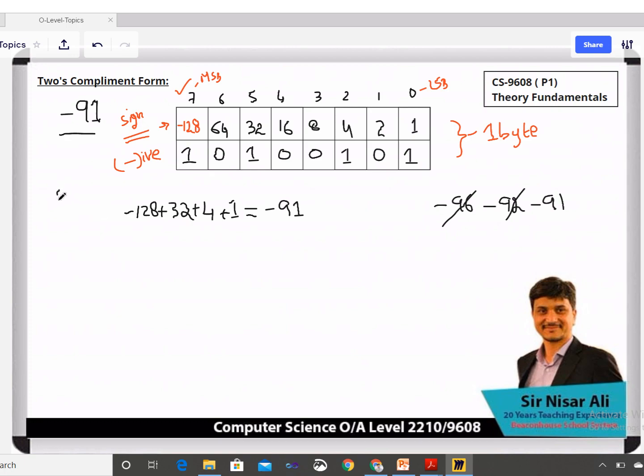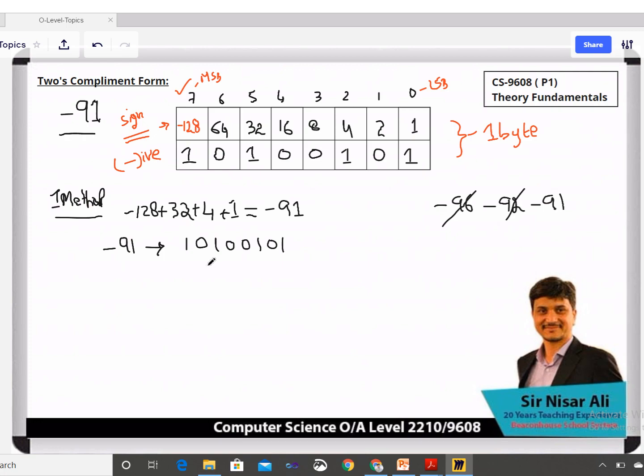This is one method. There are different methods of doing 2's complement, and I have just shown you only one method through which we will convert. So now we can say the number minus 91 will be represented like 1 0 1 0 0 1 0 1.